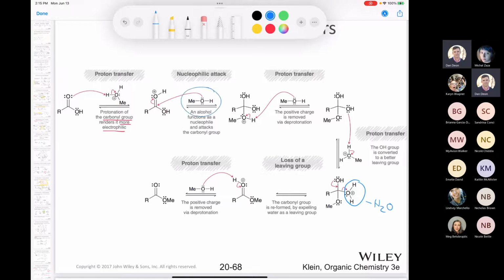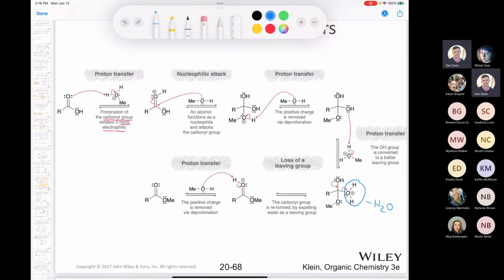The methanol comes in as a nucleophile, and then we do another proton transfer to end up with this uncharged species. Now we have to convert one of these hydroxyl groups, and it wouldn't matter which one, they're identical, into a leaving group. What do we do? We have to protonate it. Then you lose water, where I have the blue circle and the minus H2O sign, and then you just do the deprotonation of the oxonium, and you end up with the ester.